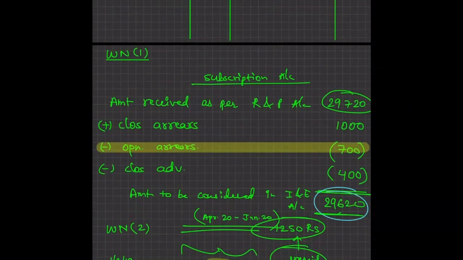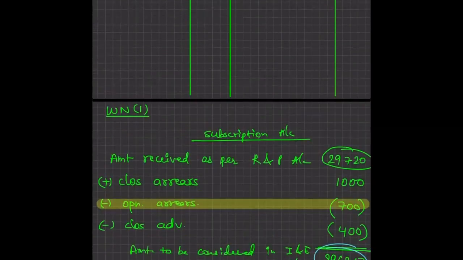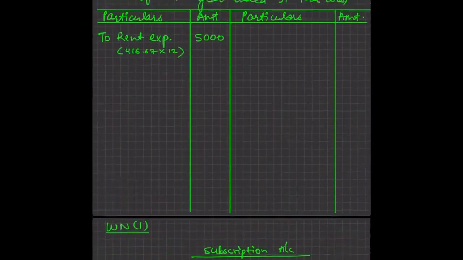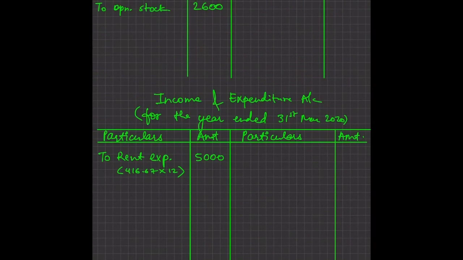It is 29,620, because the rest will go to the respective balance sheet items. So here in my income and expenditure account, the subscription, that is working note number 2, would be 29,620.